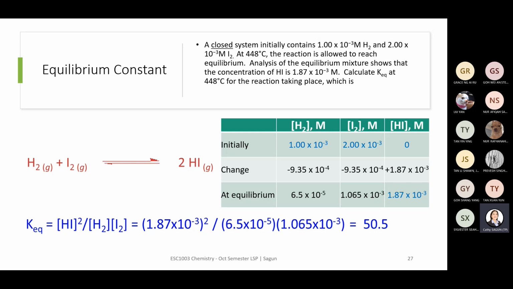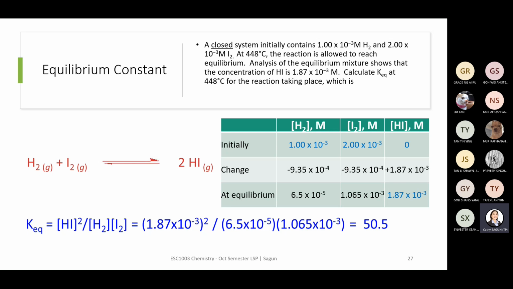At 448 degrees Celsius, the reaction is allowed to reach equilibrium. Analysis of the equilibrium mixture shows that the concentration of HI is 1.87 times 10 to the minus 3 at equilibrium. So in my ICE table, I write 1.87 times 10 to the minus 3.